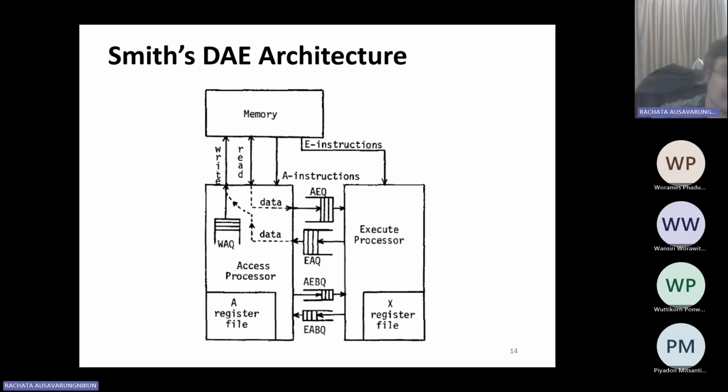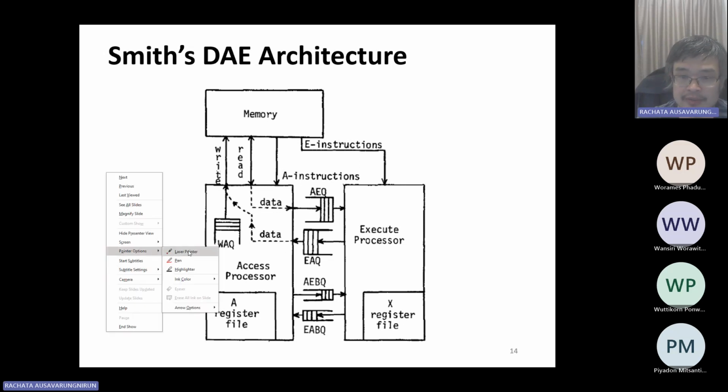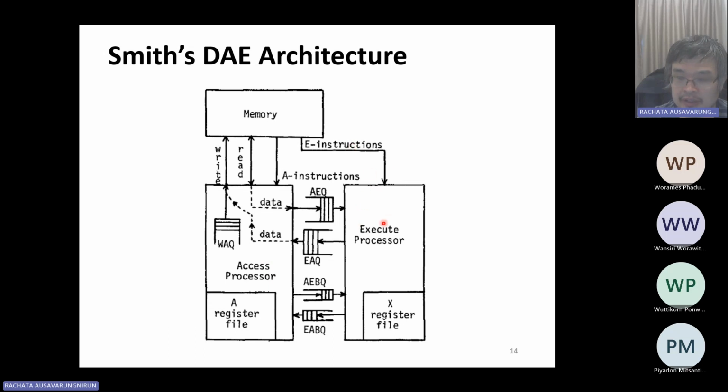And here is the rough diagram taken from the paper, right? So you have the memory, you have the execute instructions coming in to the execute processor, right? So let me change the pointer to the laser pointer. So it goes in here. The execute processor performs computations. It has a queue that says, okay, if I have input from the access stream, which basically does the data reads and writes, I can read something from the memory, feed it here, and I perform execution on that data.